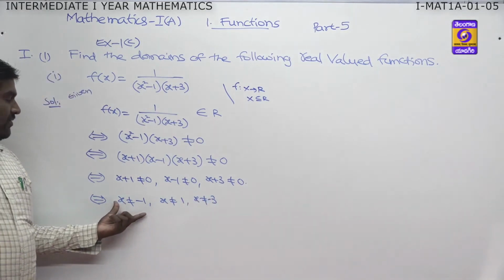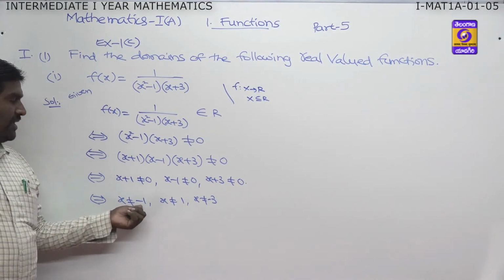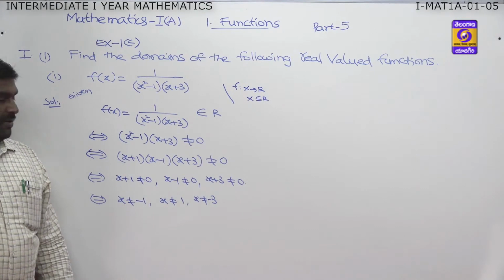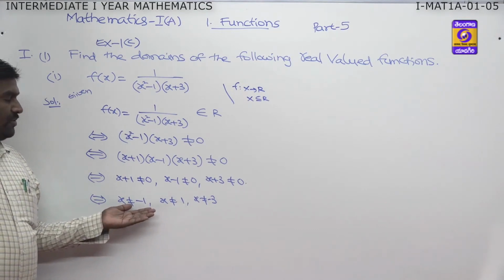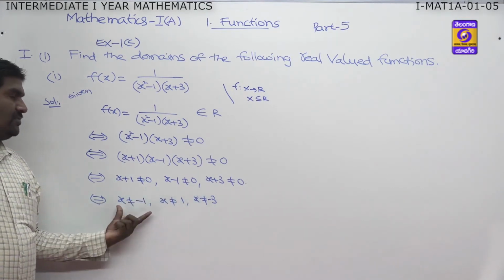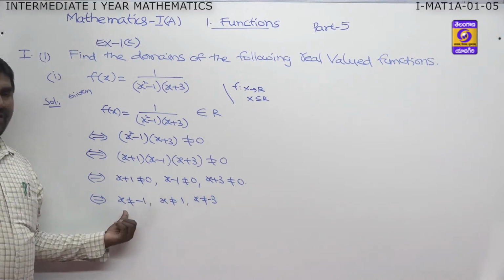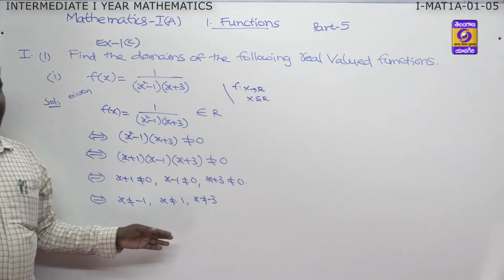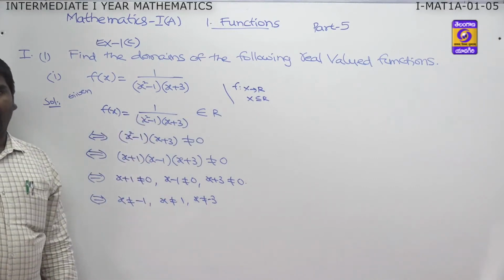Here x values: x is not equals to minus 1, x is not equals to 1, x is not equals to minus 3. So we have to eliminate these values or subtract these values from the real number set. That gives you the required domain of the real valued function.